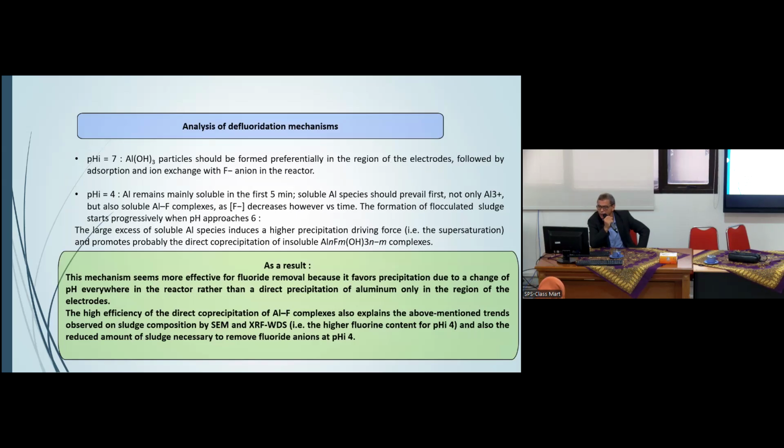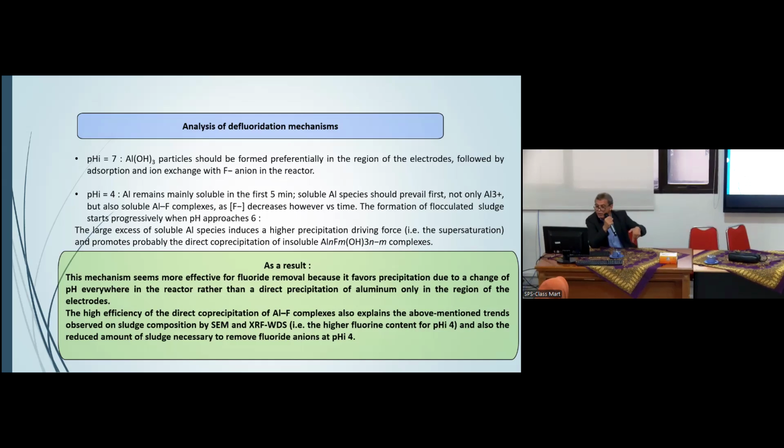So we can explain, as a result, that pH 7 particles should be formed preferably in the region of the electrode. What is the explanation? For pH 7, the formation of aluminum hydroxide is near the electrode, only in some region, followed by adsorption and ion exchange of anions on the electrode. But in the case of pH 4, aluminum remains mainly soluble in the first 5 minutes.